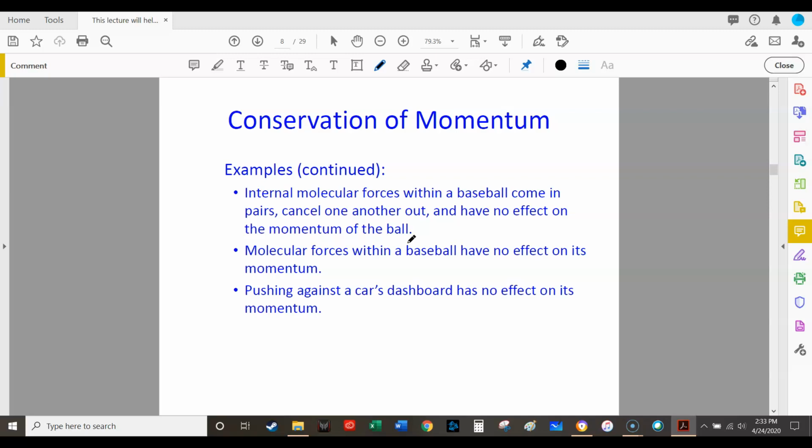So this works for large systems and small systems, right? If you thump a baseball and provide an outside force, all the little molecules are moving in there, and all that kinetic energy is going to be contained within that ball. They're all bouncing off each other within that ball, and nothing leaves the system, okay?